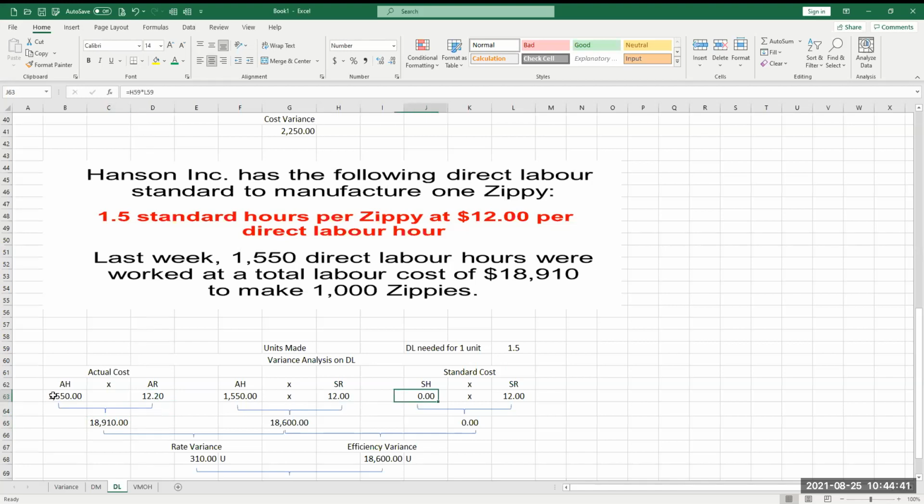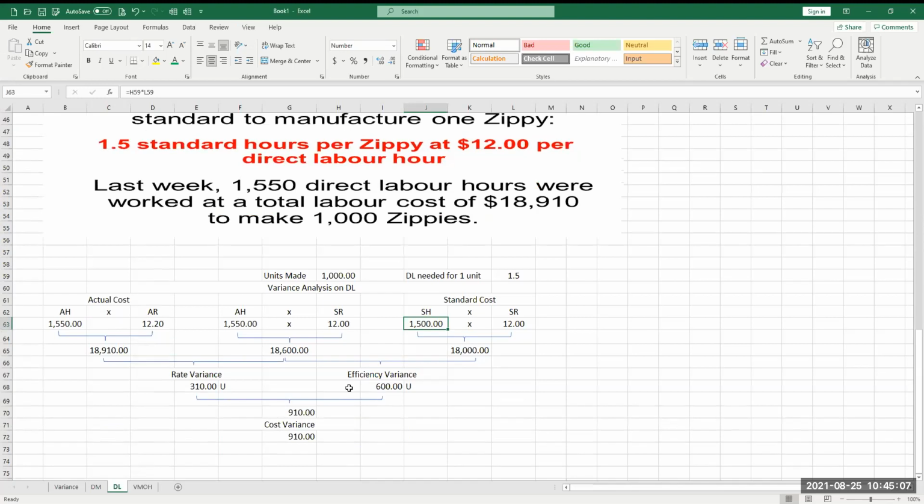So the last piece of the puzzle left is standard hours. Do I know how many units I produce? 1,000. So my standard hours to produce 1,000 units, based on 1.5 hours per unit, should be 1,500 hours. Since I know all this information, now I can work on the variances.